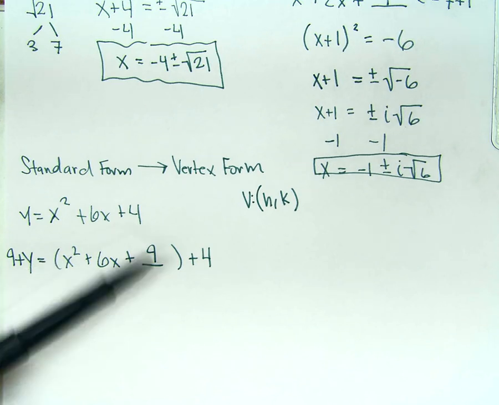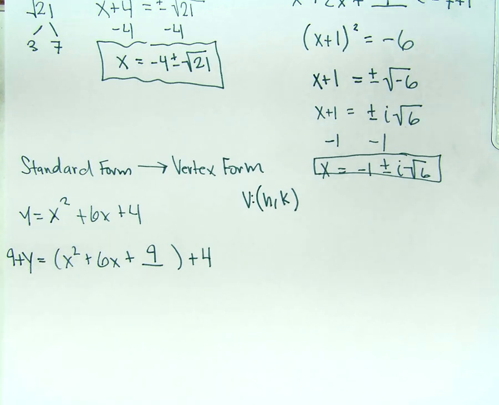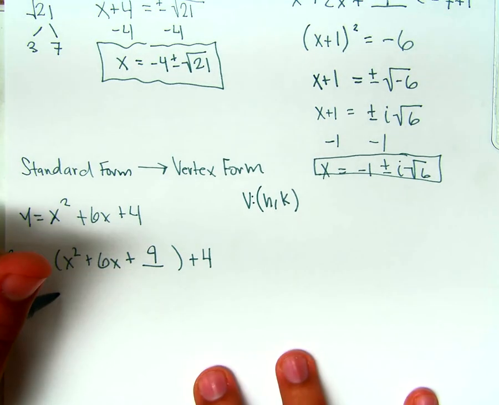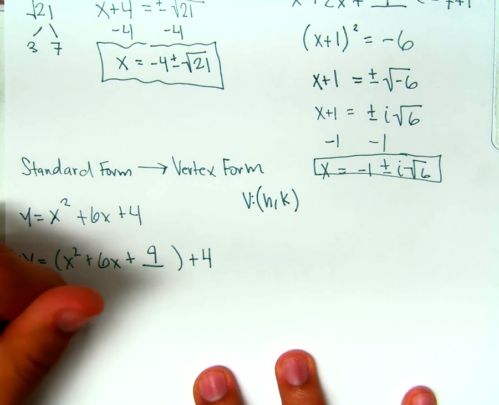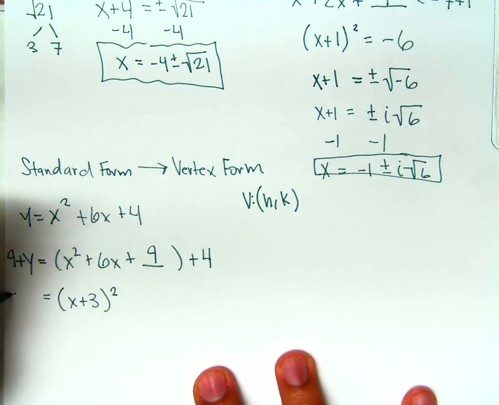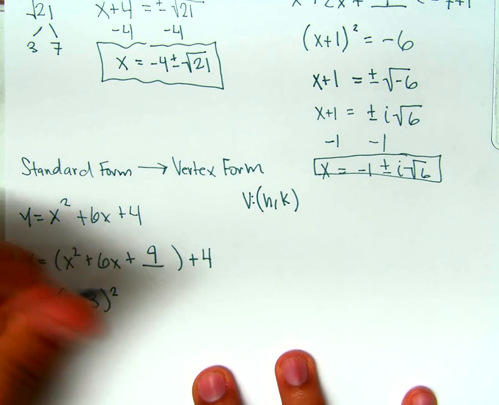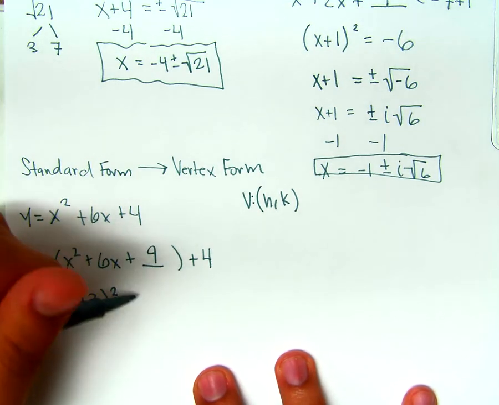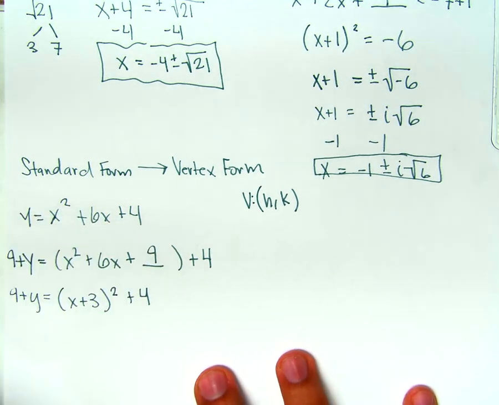And now how can we rewrite what's inside the parentheses? Yes, x plus 3 squared. And that right there is the middle part of your vertex form.